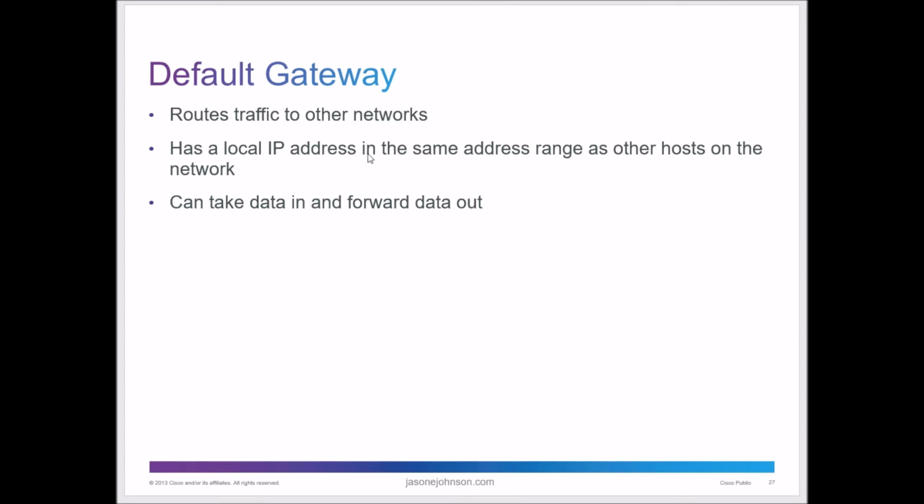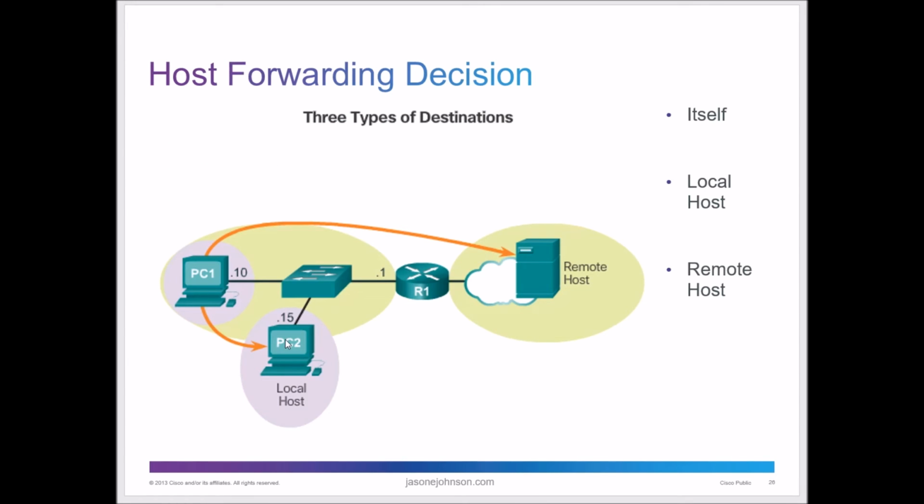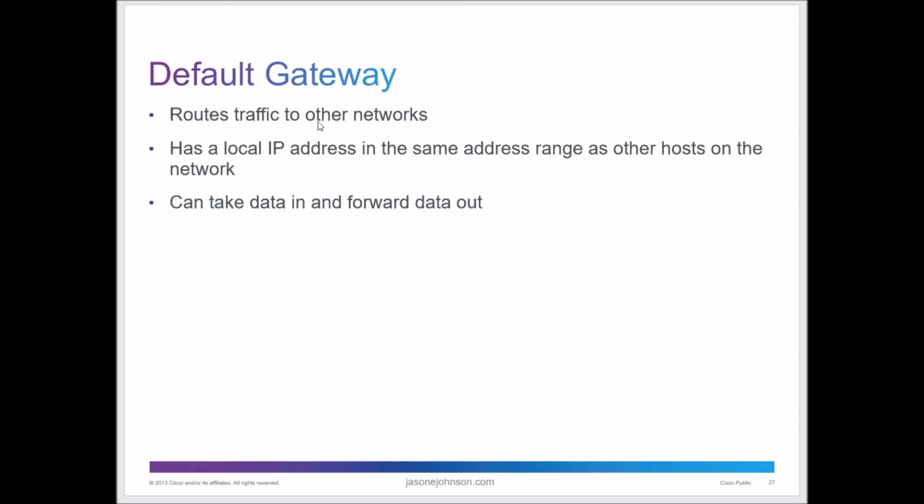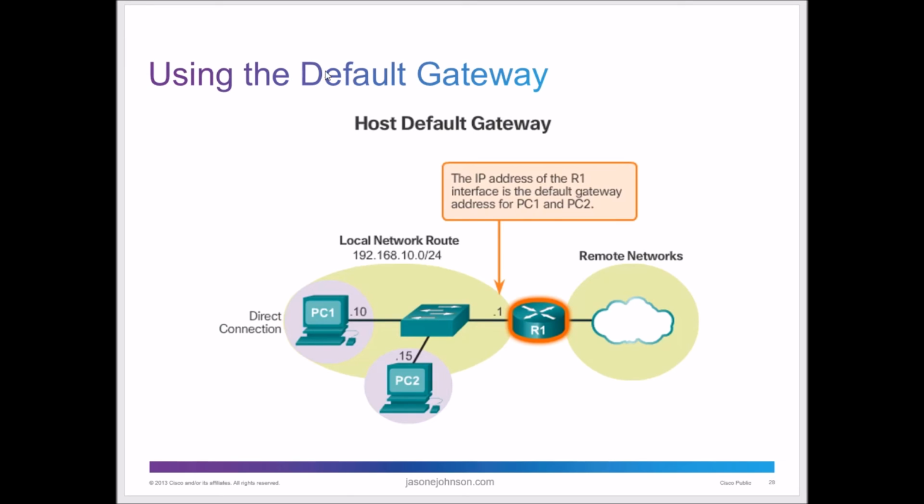And if it can't find it locally, it looks for the default gateway, or remote gateway. We're going to use the term default gateway in the Netacad course. So the default gateway is your way out to find the information somewhere else.